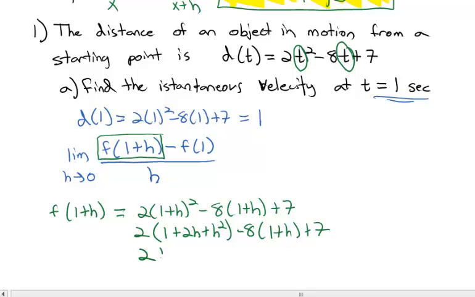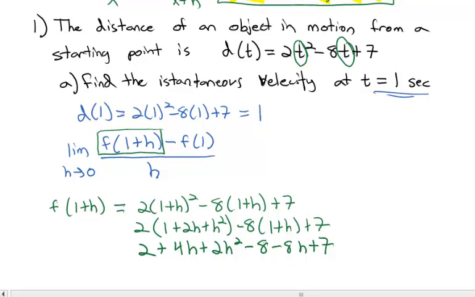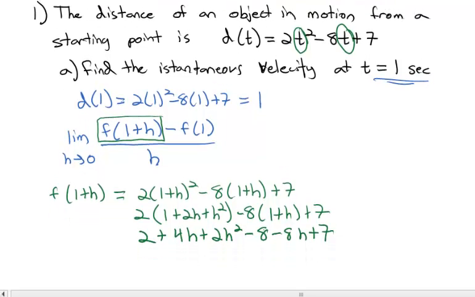Distributing through, we get 2 plus 4h plus 2h squared. Distributing again, minus 8 minus 8h plus 7. And are there any like terms? Yeah, the 2h squared first.